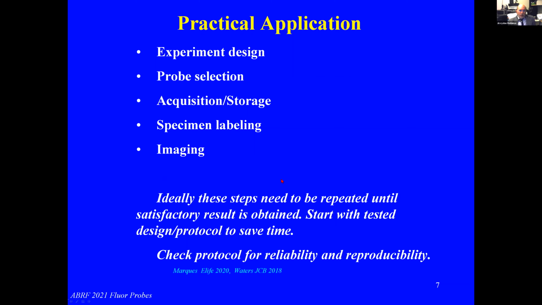And ideally, these steps need to be reiterated, because as I mentioned, except for the photophysics, the chemistry and biology of fluorescent probes is not that well understood. So several approximations or iterations typically are required by trial and error to get the best results.